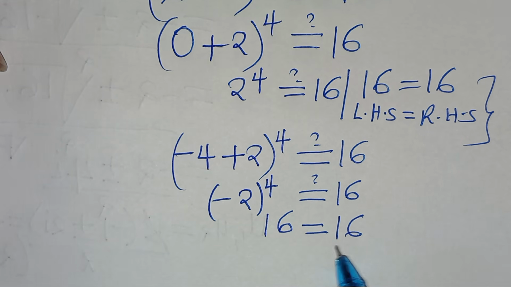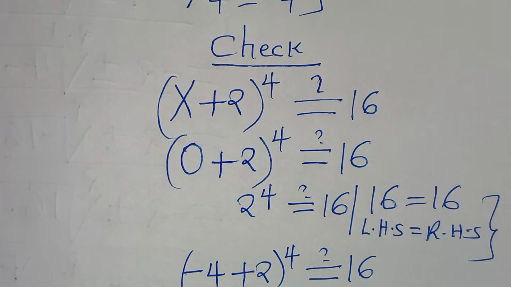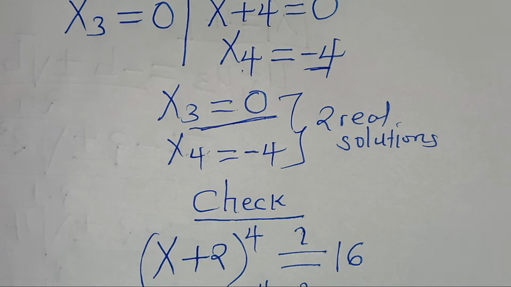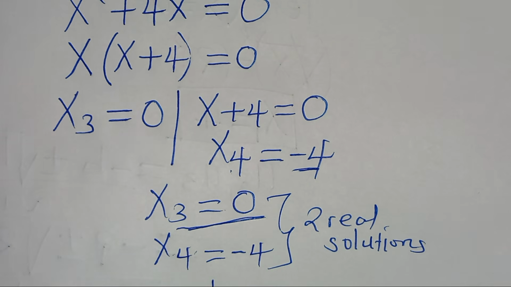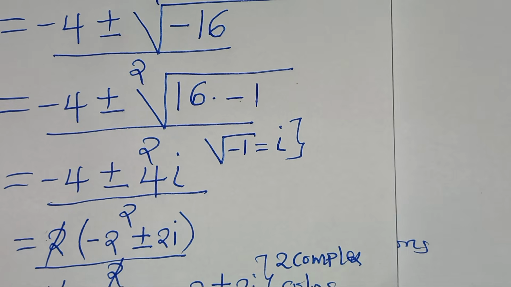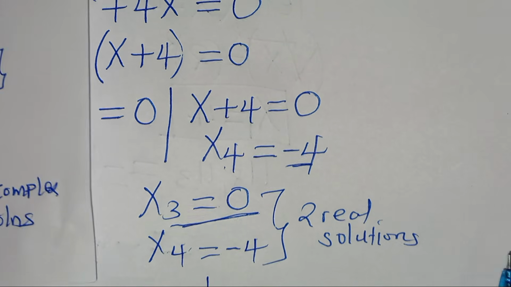So the left hand side is equal to the right hand side, and this proves that the two real solutions satisfy the equation. So we have got 4 solutions: 2 complex solutions here, and 2 real solutions here.